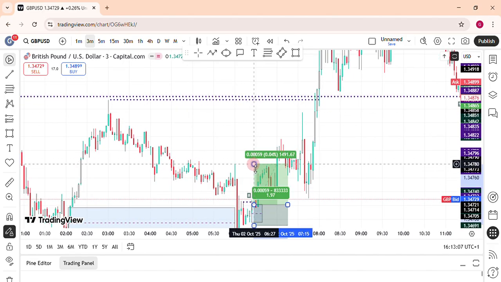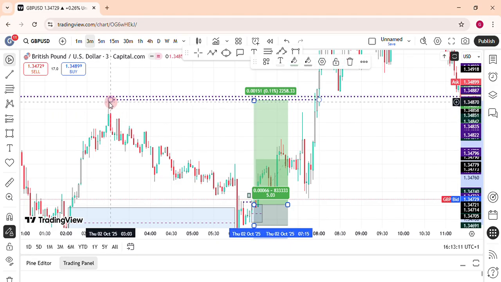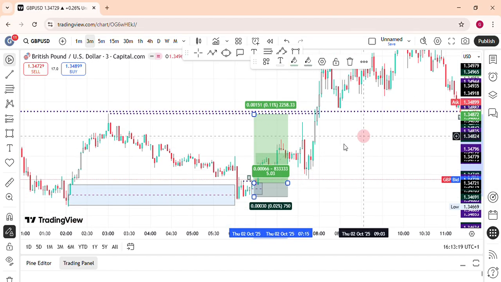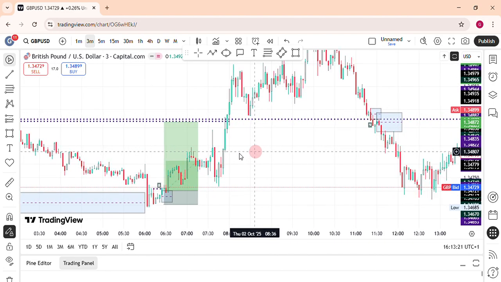Now we can also put it here. This is also a swing high that we can use for our trade, and this is giving us a 5.03 risk to reward ratio. And that was our trade number 8, which happens to be a bullish trade.